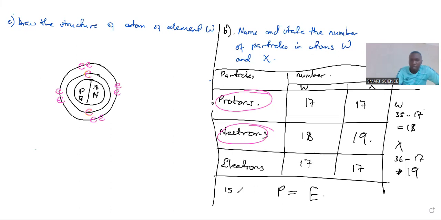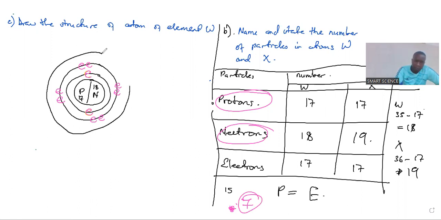If I remove 10, I'll be left with only 7 electrons, which will exist in the last shell of the atom of W. So the last shell has 7 electrons. Those are 6 and only 1, which is 7.